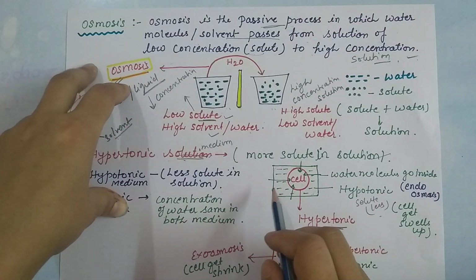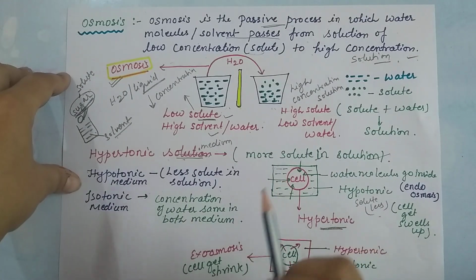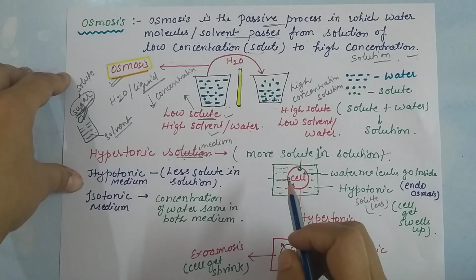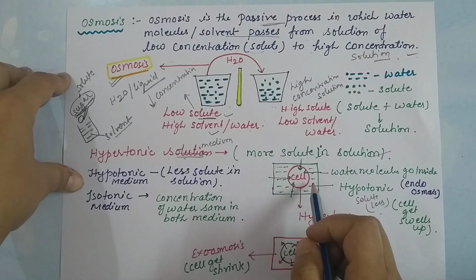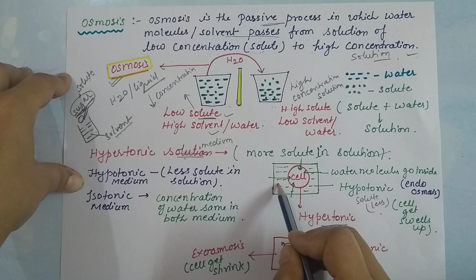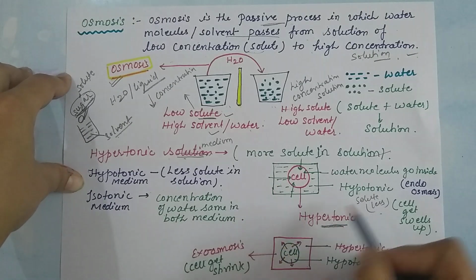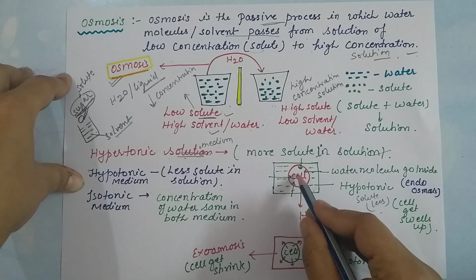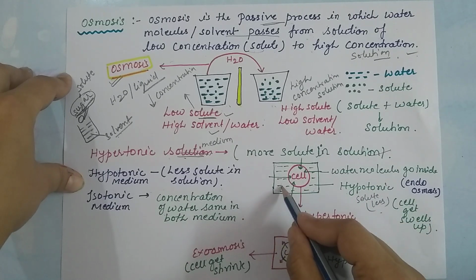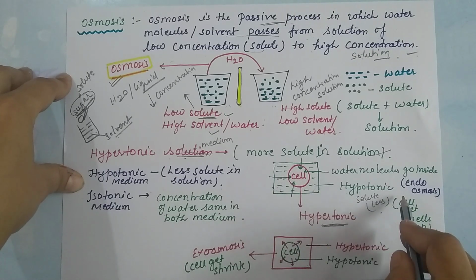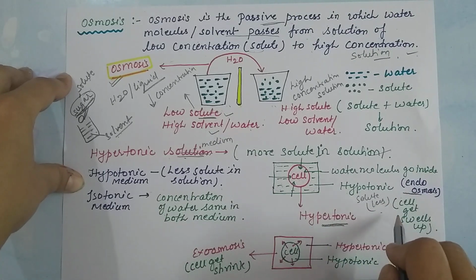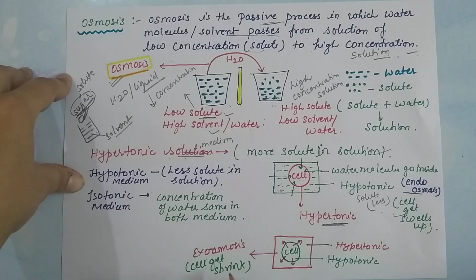We know that in osmosis the solvent always passes from lower concentration to higher concentration. So the solvent will pass from the hypotonic medium to the hypertonic cell, meaning the solvent will go inside the cell, and that is called endosmosis, and the cell swells up.